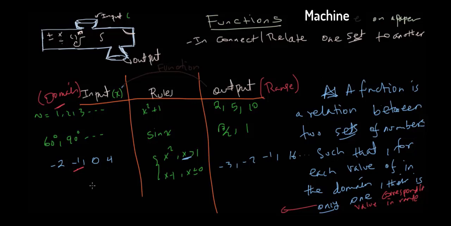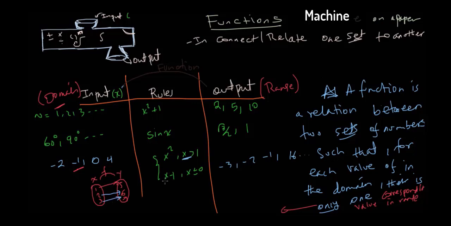Let's visualize this using a Venn diagram. If this is x, which is the input, and y, which is the output, and these two are related by a function f, as you can see every value of x needs to have one value of y.